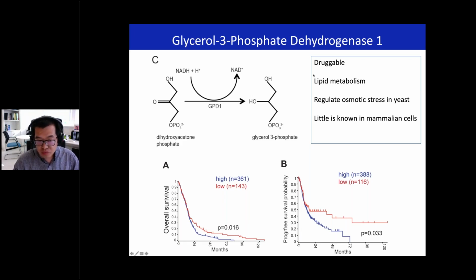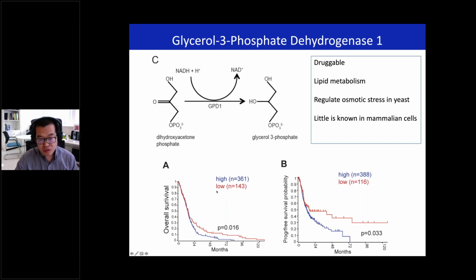Of course, it's druggable because it is an enzyme, and it clearly regulates lipid metabolism. It is well studied in yeast, responding to osmotic stress; it's basically used as the osmotic stress reporter. And little is known in mammalian cells, maybe because the knockout has no clear phenotype.